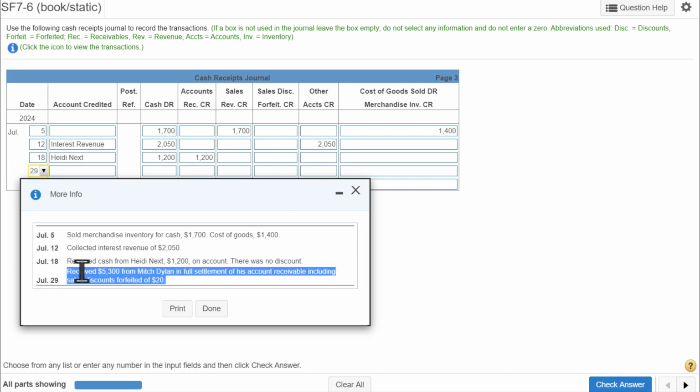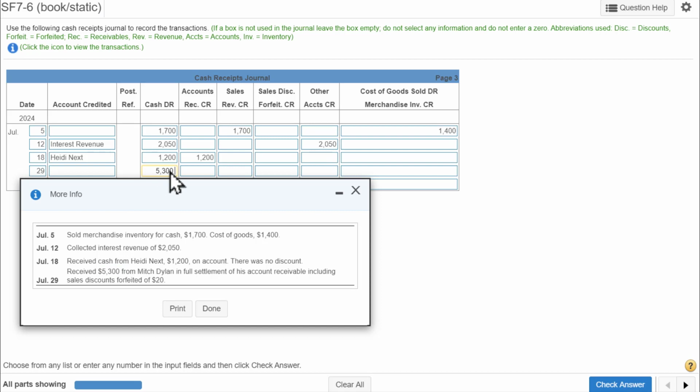we received $5,300 from Mitch Dillon in full settlement of his AR, including sales discounts forfeited of $20. So notice it says we received $5,300. So cash is going up by $5,300.